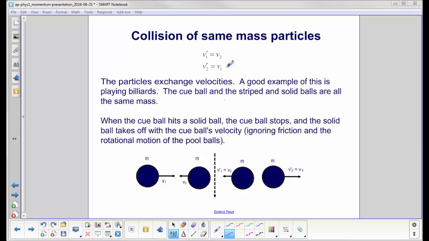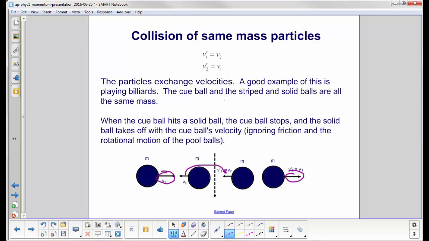By the equation up here, that tells us that the final velocity of sphere 2 should be the same. So you can see how this arrow matches this arrow. And then sphere 1's final velocity, that's this sphere coming over here, will equal the initial velocity of the second one. So this arrow here, they're equal.